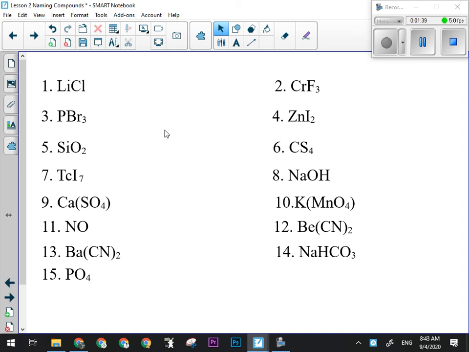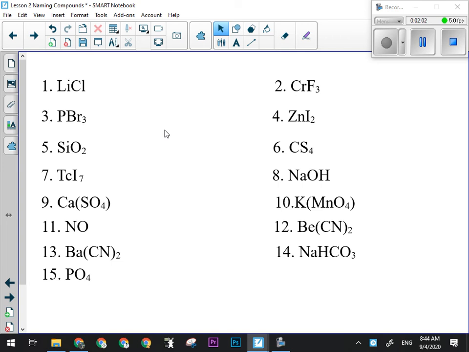If it has a polyatomic ion in it, do I do anything different? I name the metal, I name the polyatomic ion. Do I change the name of the polyatomic ion at all? If it's molecular, then I name the nonmetals in order. The last one's name gets changed to end in ide.